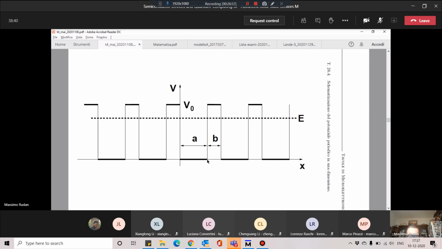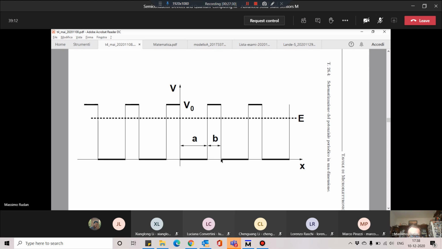And then we must impose the periodicity of u, that is, the value of u in the origin here must be equal, because of periodicity, to the value at a plus b. And similarly, the value of the derivative at 0 must be equal to the value of the derivative at a plus b.